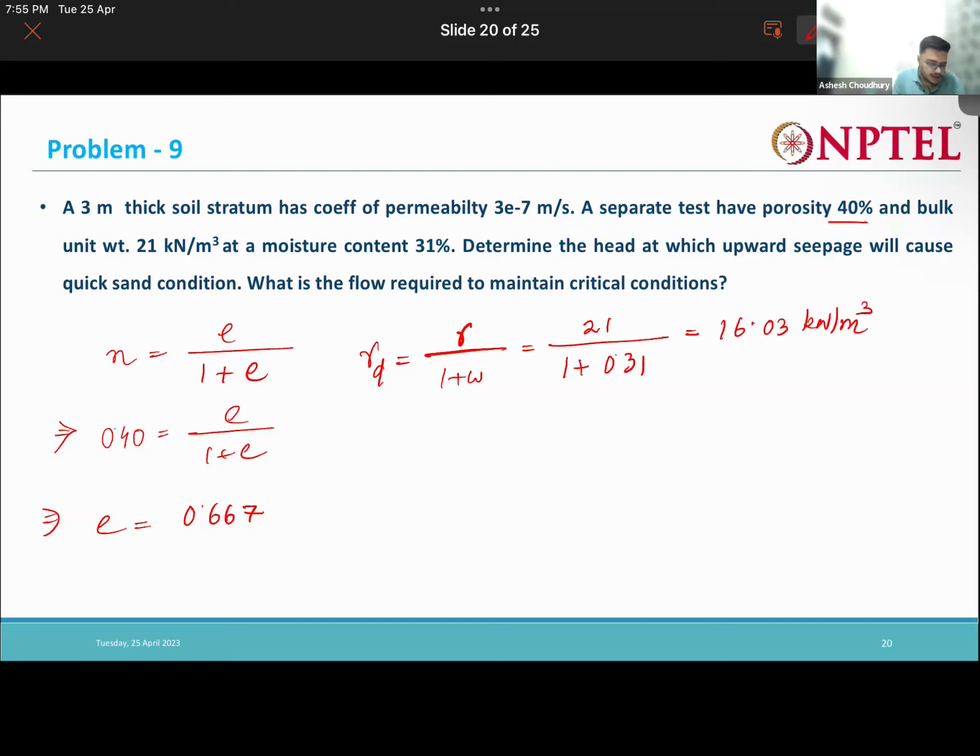Okay. Now also we know that gamma d is G gamma w by 1 plus e, right? From here, can we find out G?